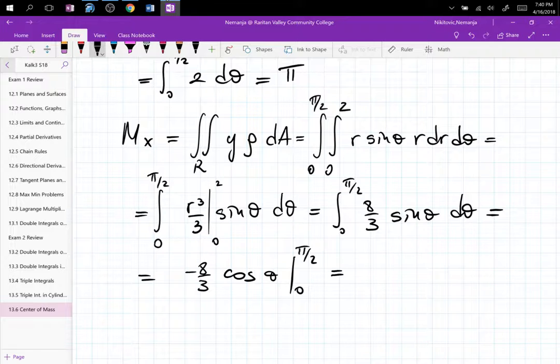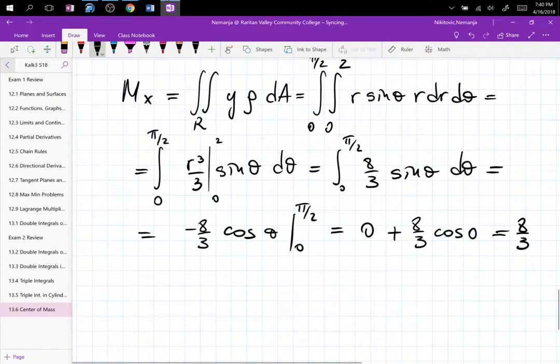Now, before you freak out, cosine of pi over 2 is 0, so that's 0 minus, and then a minus is a plus 8/3 cosine of 0, which is 1. So the whole thing is 8/3. You have to do the same thing for My.